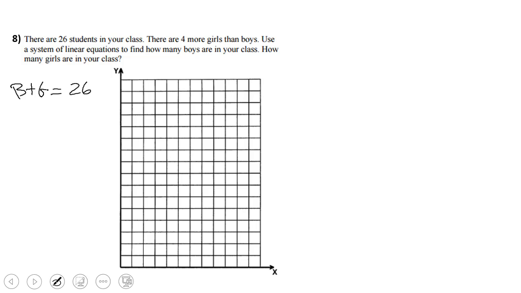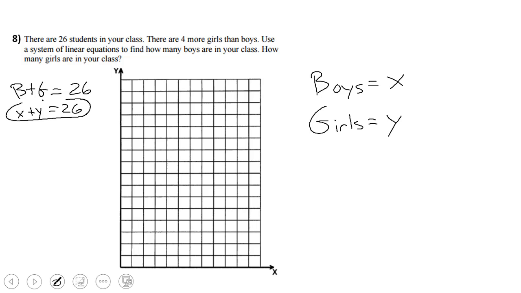And you're not used to using different letters than X and Y. So if you want to think about it, B, the number of boys, we're going to say is X, and G, the number of girls, that's Y. So I could come over here and say X plus Y equals 26 if I wanted to.